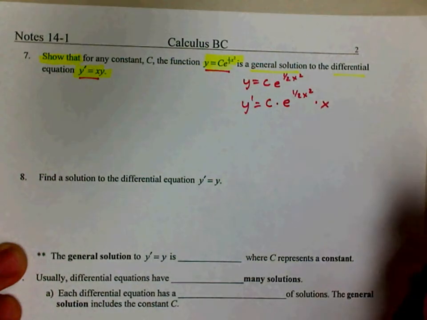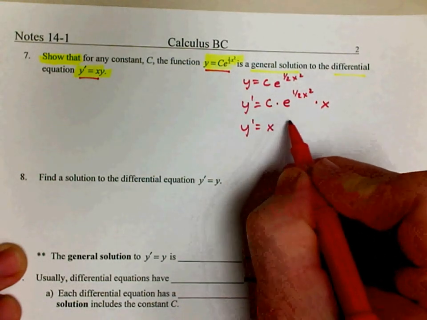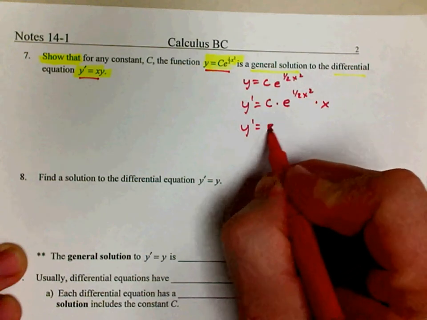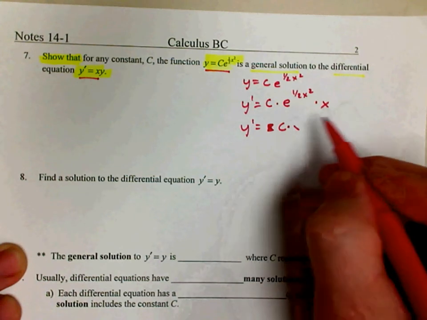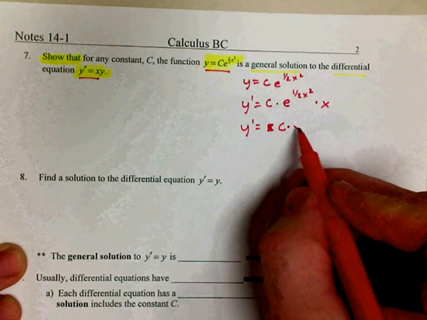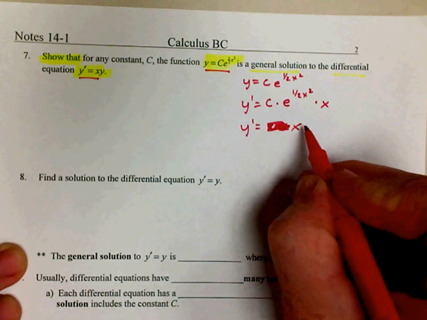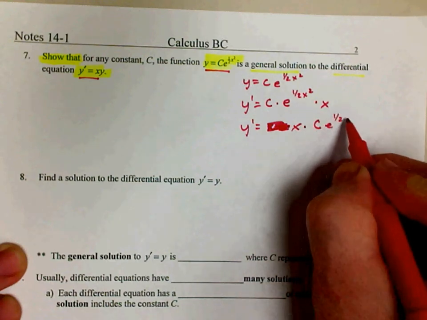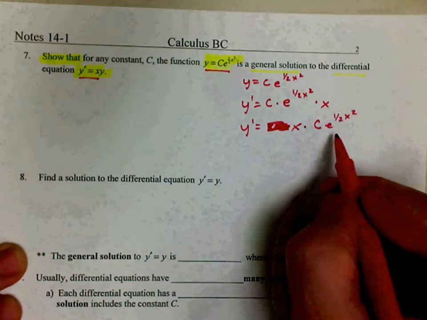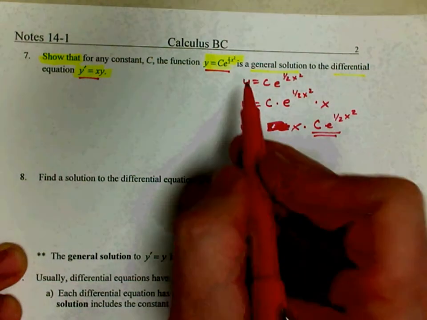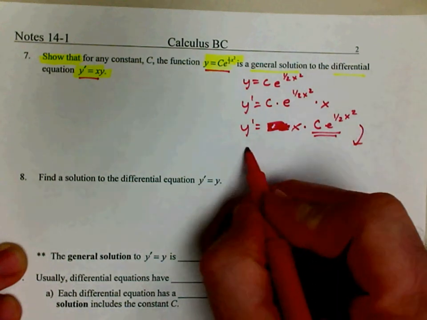Let me rearrange this just a little bit. I'm just going to move the x out in front so that it's x times c e to the 1/2 times x squared. This term here is what y is. So we can substitute in y for that and show that y prime equals x times y.